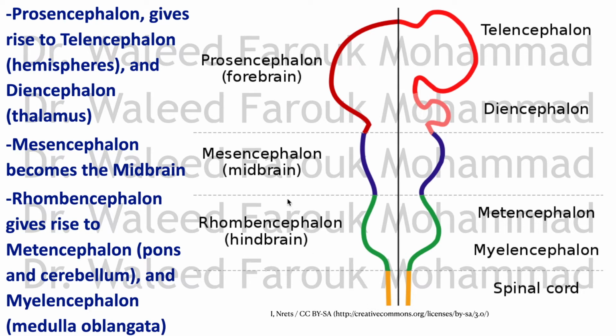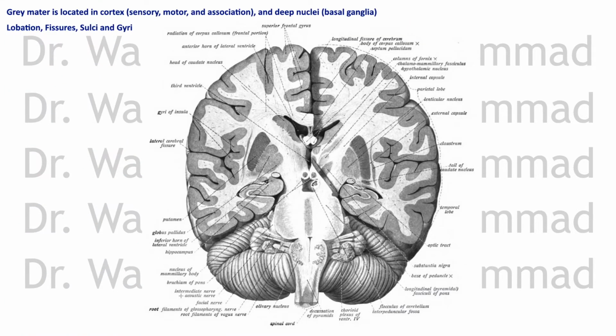Okay, this is a hint about embryology to be oriented with the terms. Now, the CNS is composed of gray matter and white matter. The gray matter and white matter actually are one. The gray matter is the cell bodies of neurons with the dendrites connecting them, and the white matter is the axons of these cells.